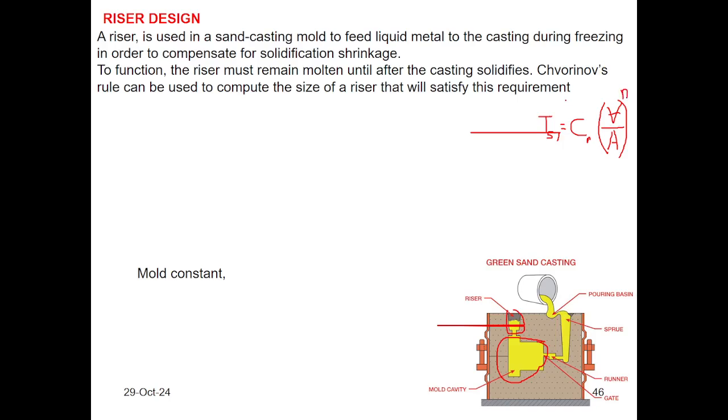That is Chvorinov's rule, Chvorinov's equation. And in most cases, if it is not given, n can be taken as 2. So it is the square of the volume to area ratio.